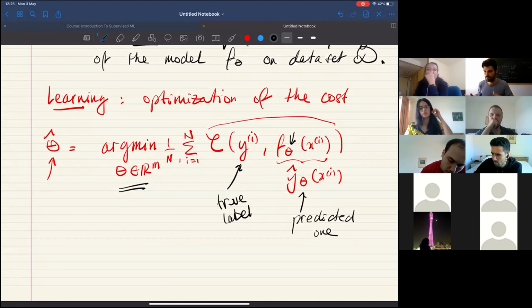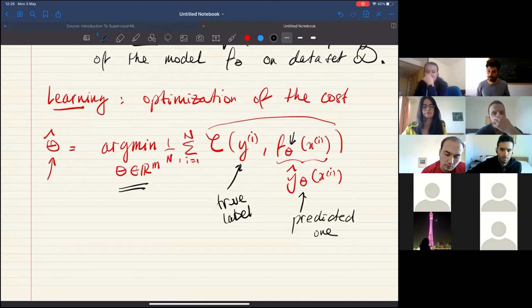It could be linear models, which are simple, or very rich neural networks with very fancy architectures. It does not matter. This defines a hypothesis class. You have data. Then what you will do in any case is define this cost function and evaluate the cost over each pair of training data, that is inputs and outputs that you have access to, and try to find the parameters that minimize this cost.